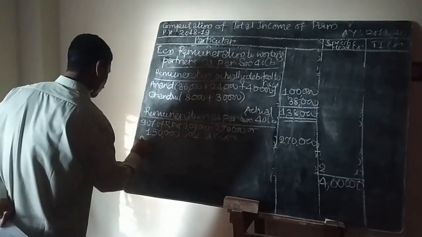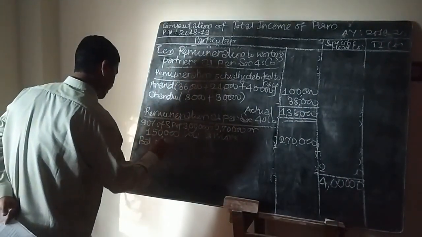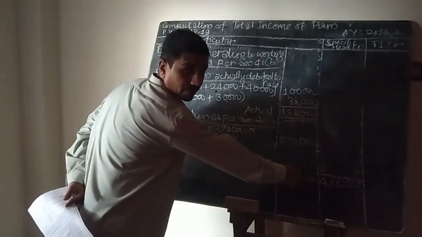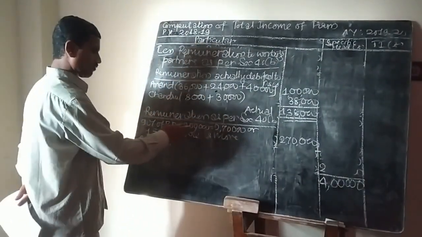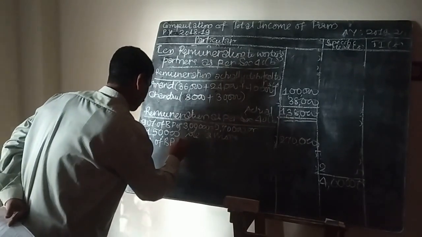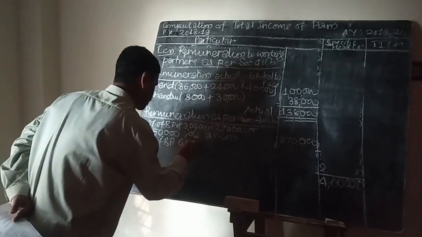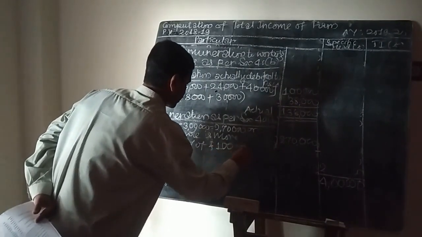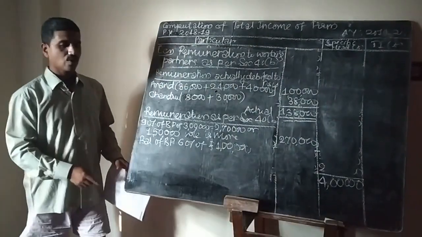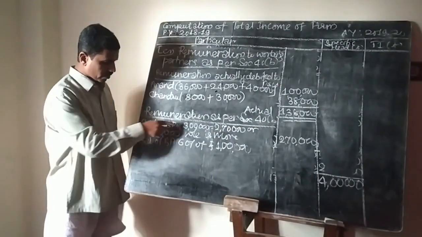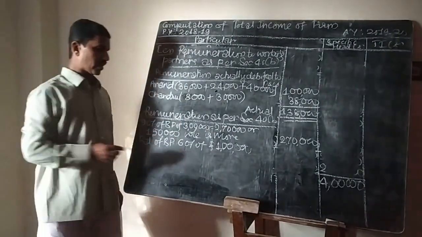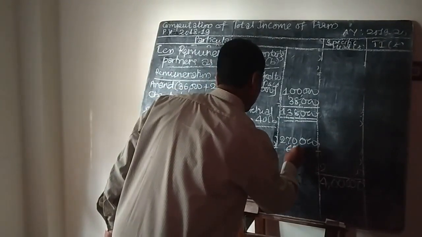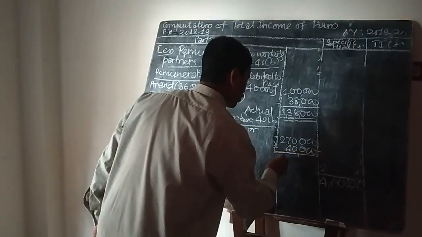Then on the balance of book profit, our book profit is 4 lakh and we have already utilized 3 lakhs, so 60% of rupees 1 lakh. Dear students, how did we get this 1 lakh? 4 lakh is the book profit, of which we have utilized 3 lakhs, so 1 lakh, and 60% of it comes to 60,000.